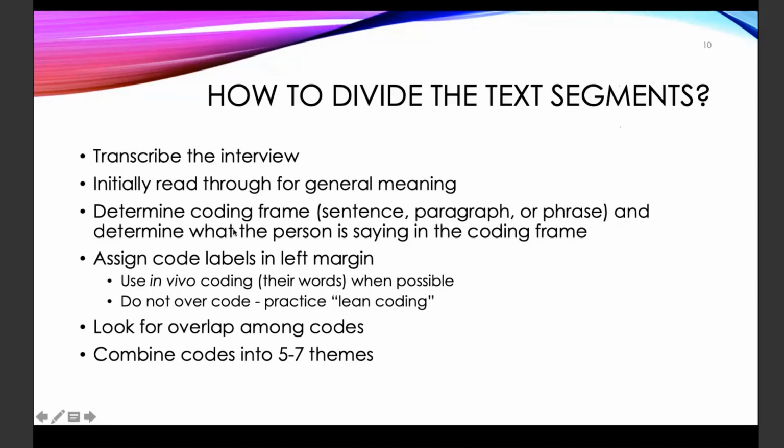And we need to determine what the person is saying in the coding frame. For example, if it's sentence by sentence, it will be, I like to study at this university. One sentence, full stop until full stop. And the second one is paragraph. Whatever you have transcribed, you are going to highlight the entire paragraph.